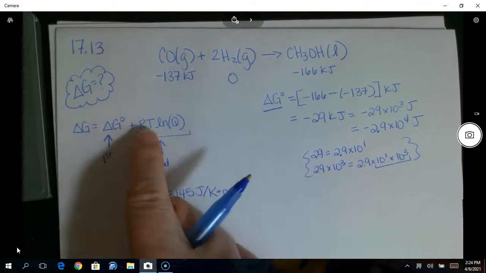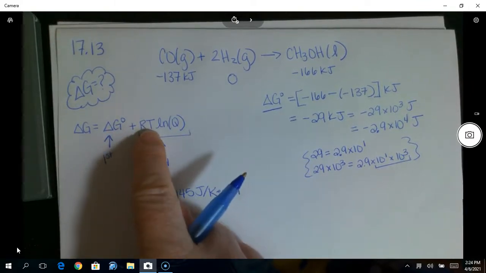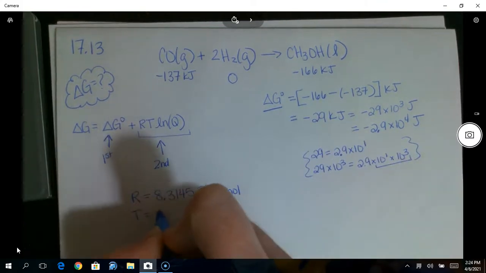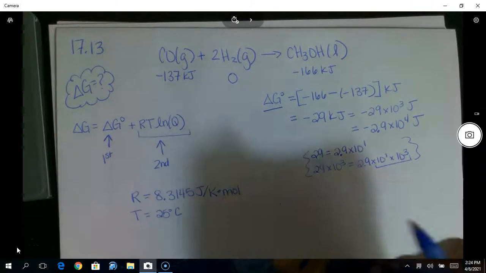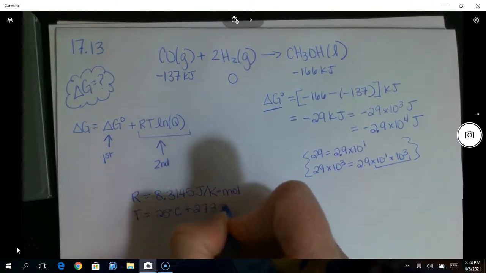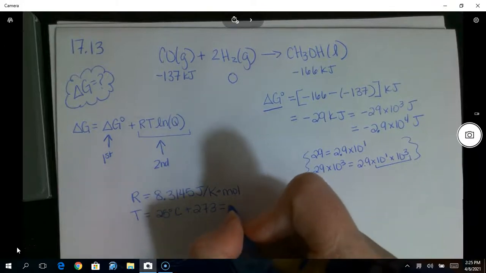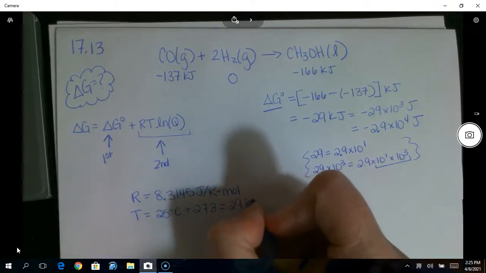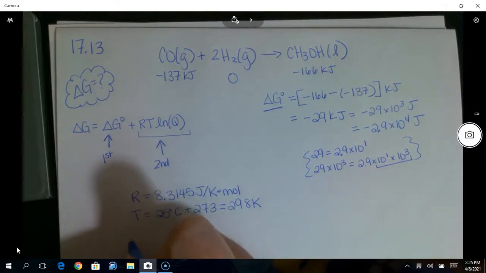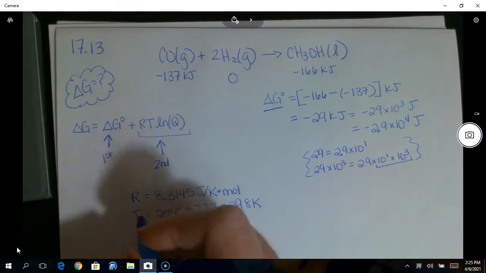Then our temperature: we were told in the problem that this happened at 25 degrees Celsius. But remember, we never use Celsius, so plus 273, and that's going to give us our kelvins. So this is 298 kelvins. And then we're going to do the natural log of Q. So we need to find Q.